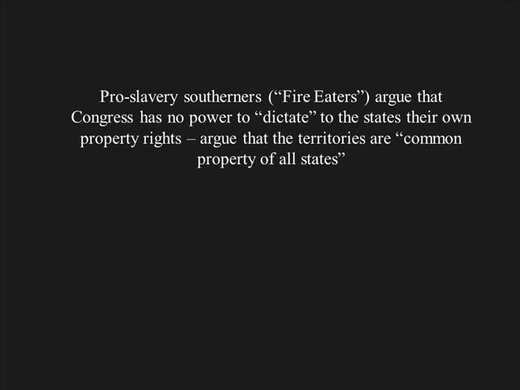The states should maybe figure out another way of deciding it, because the territories are the common property of all the states in combination. So the Southerners are trying to avoid the argument as much as they possibly can, because if it just goes to a vote in Congress, they're going to lose. They know it. They don't have the numbers.